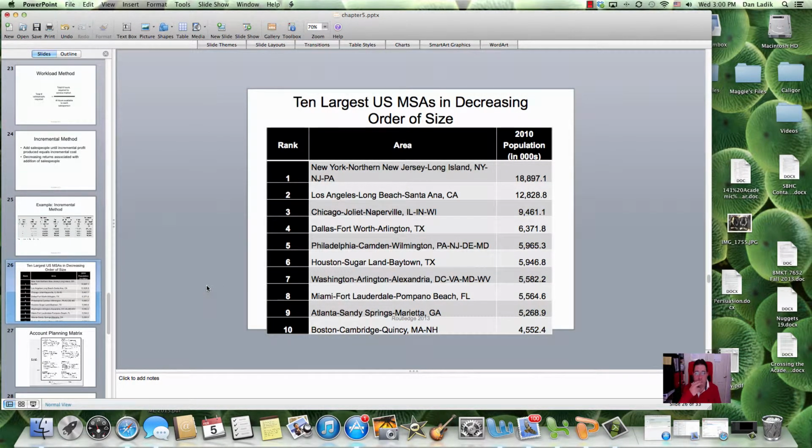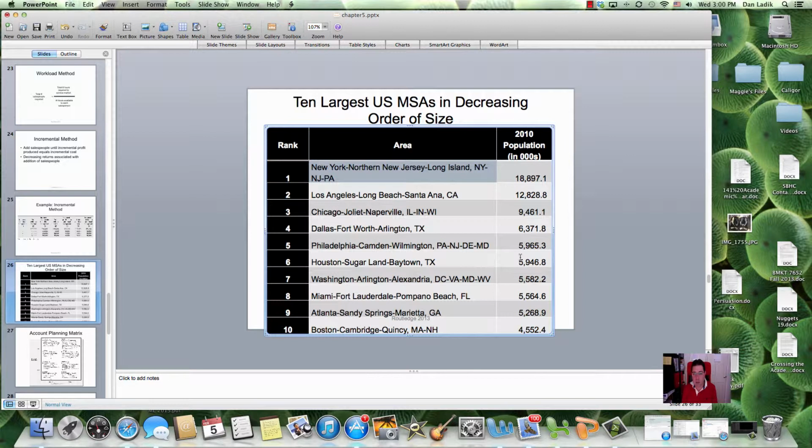Something else to think about in terms of markets. Well, the Super Bowl was here in this marketplace right here. It is the largest in the United States. Not surprising that this was the biggest Super Bowl in terms of viewership. Almost 19 million people in the greater New York City area. LA is second. Chicago is third. Dallas is fourth. Philly, there we go.